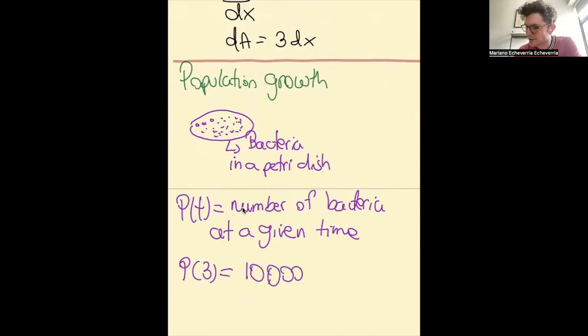But let's say 10,000, that could be like 10,000 bacteria at 3 hours, right? Or whatever unit, 3 days, like 3 hours after you started counting, you set the timer to 0, 3 hours later, you have 10,000 bacteria.